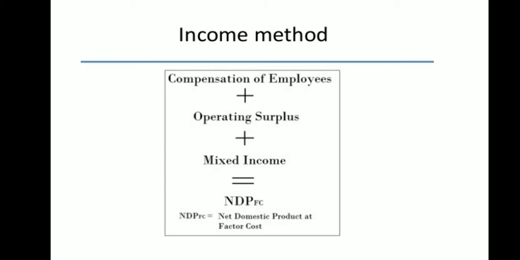Plus operating surplus, which is the income earned from property and entrepreneurship, plus mixed income, that is income of own account workers or unincorporated enterprises. What you get from that is NDPFC, that is net domestic product at factor cost.